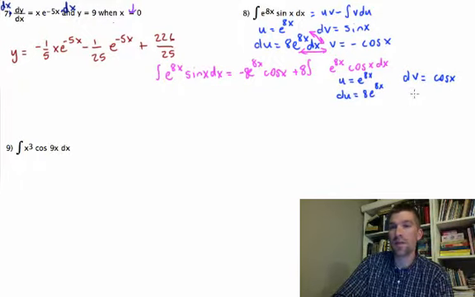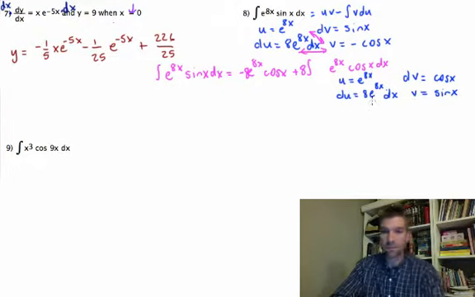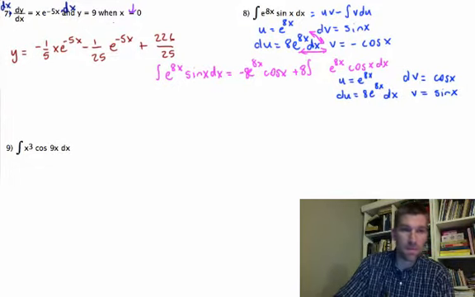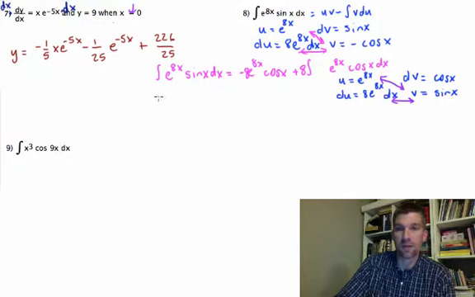And the derivative of the sine is cosine. So here's my setup for this guy. And again, we're going to go with u times v minus v du. And the problem is going to get a little bit more complicated. So here we go. It looks like this.